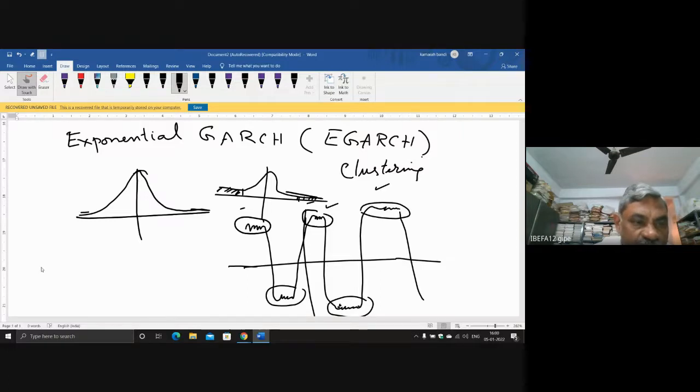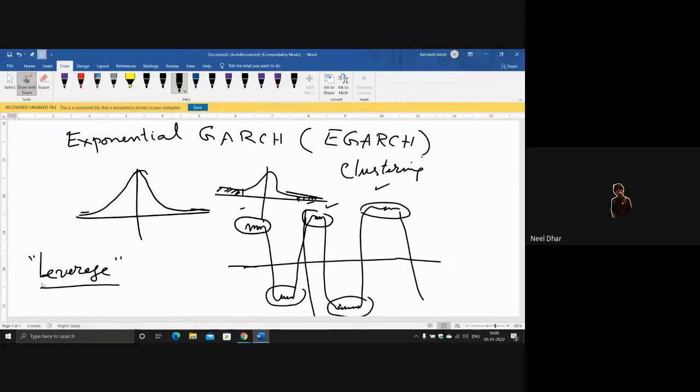What is leverage effect? What is leverage actually? In financial markets, what is the meaning of leverage? Usually, it has something to do with borrowing.